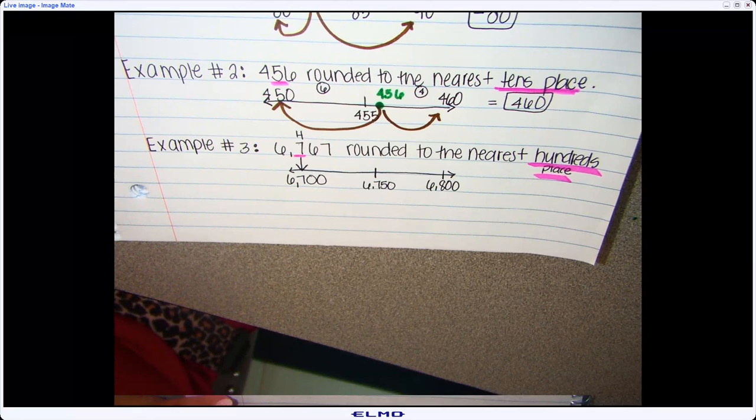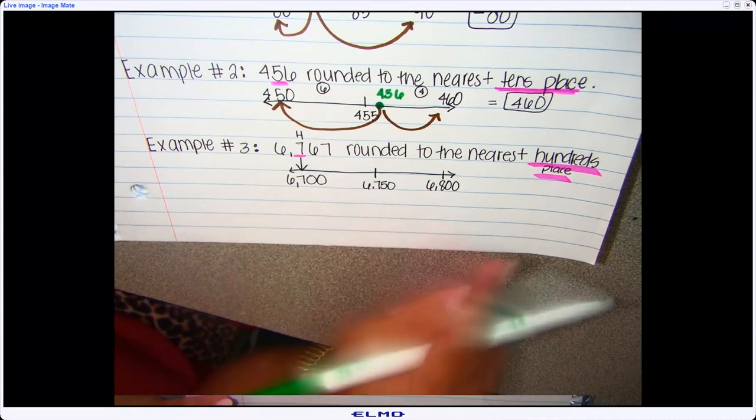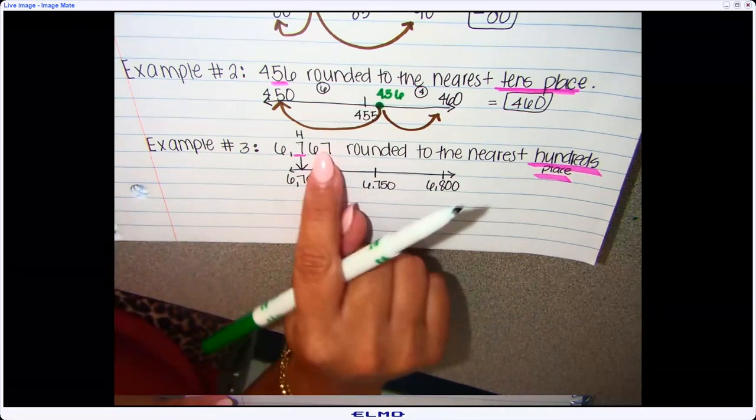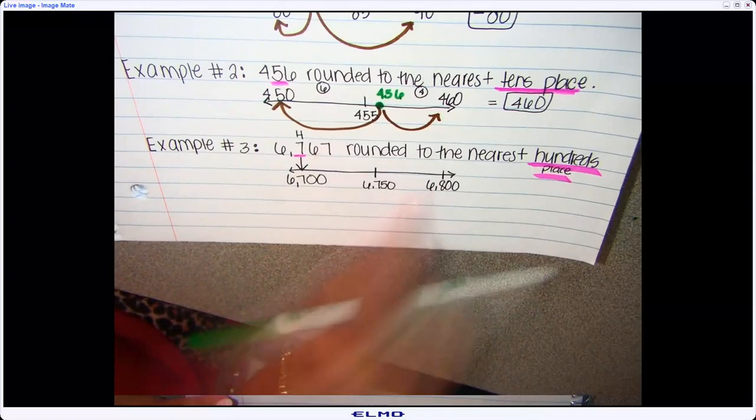He already told me what we're doing. What about in the back? Who can tell me what am I going to do? The little frog. Where is my frog going? How do I know where the frog's going? But what am I rounding? 6,767. I have to find where to put this number on my number line.